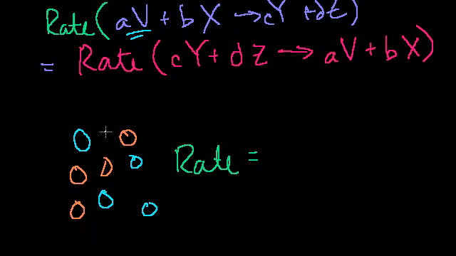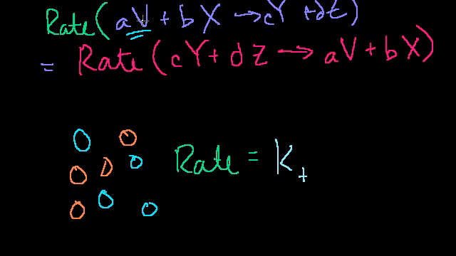You have to worry about their kinetic energies. You have to worry about their shape, because some shapes are more conducive to reaction than others. So let's just let that be taken into account with a K. And let's say we're talking about the forward reaction, so let's call that K plus for the forward reaction.